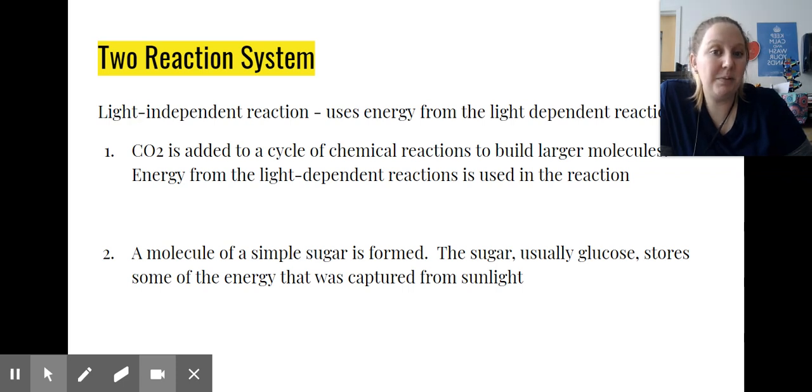Energy from the light-dependent reaction gets used in this piece, and a molecule of simple sugar gets formed. The sugar is usually glucose, which stores some of the energy that was captured in sunlight as food. Again, photosynthesis makes food that stores energy, not makes energy.